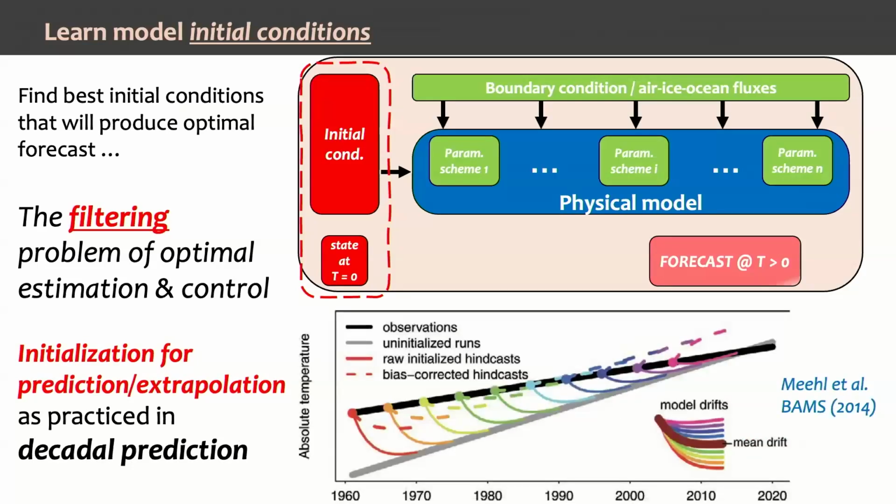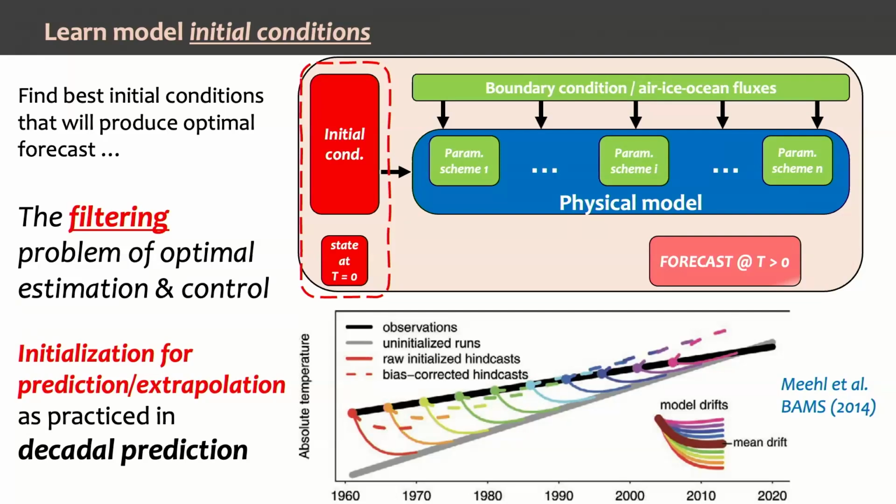So on longer time scales, this filtering problem has also been used or attempted in what's called initialization for decadal prediction. Here you have observation, this is the black curve. You have a model that, when it is not properly initialized, for example the initial conditions are very bad, has this gray trajectory. And then the hope is that if you now have a good estimate of what the true ocean would be, you come up with this red curve here.